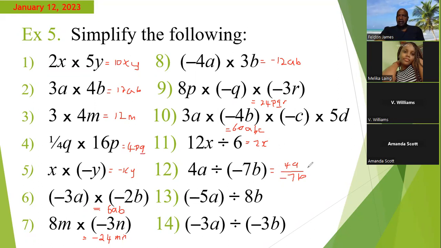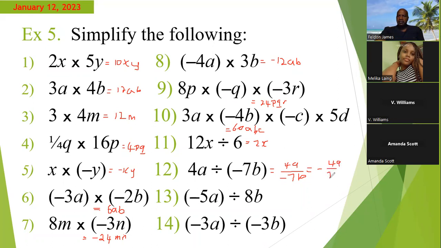Then for the overall answer, you're dividing a positive in the numerator by a negative in the denominator. So if you're dividing a positive by a negative, overall, the fraction now becomes negative. So you have a negative fraction of 4a over 7b.